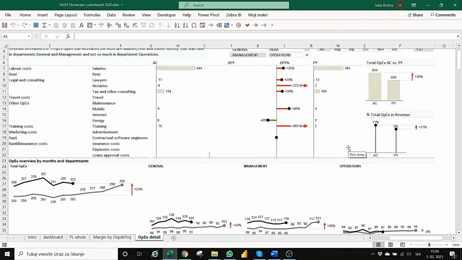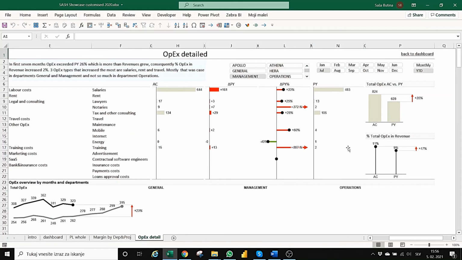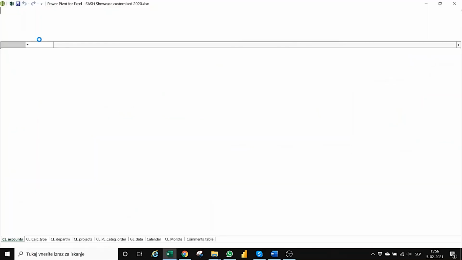What I would like to point out at the end is how this report is built. If you are wondering about stability of this report and how to maintain it, or most of all how to update it, you should know that this report was built using Power Query and Power Pivot. I will just quickly show you the data model so that you get a brief feeling of how it is built.